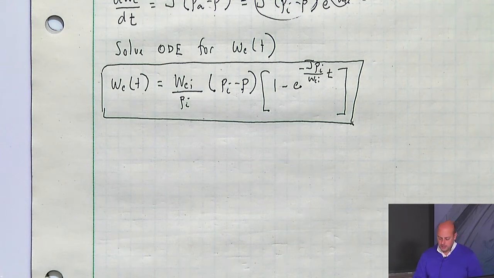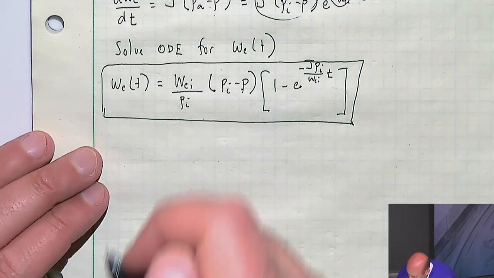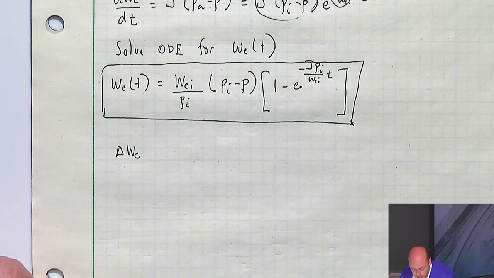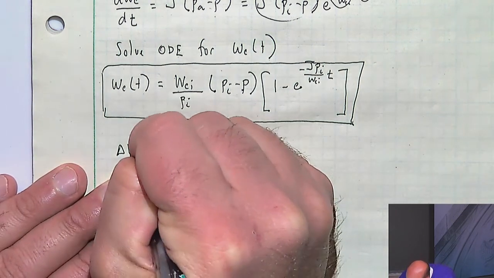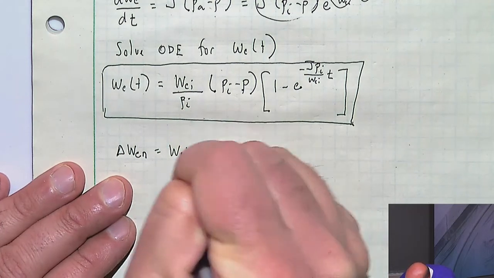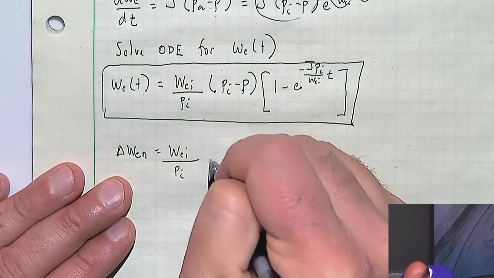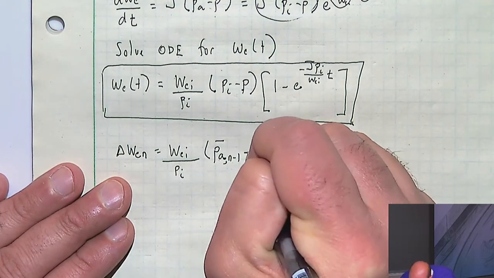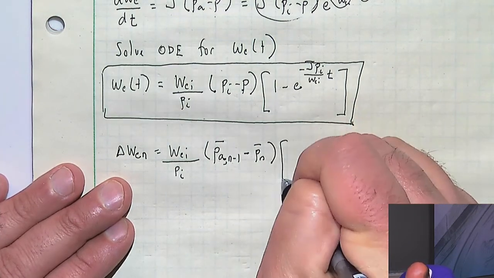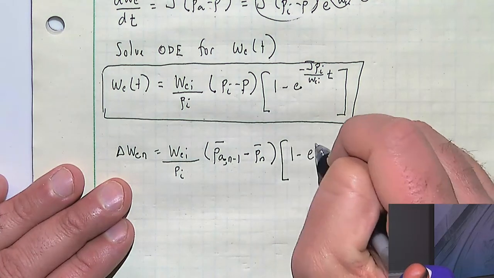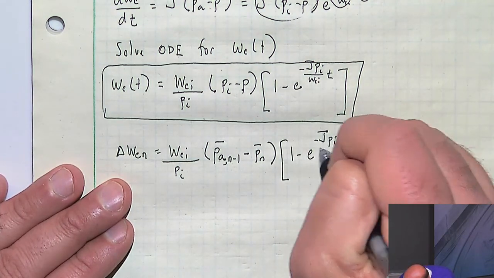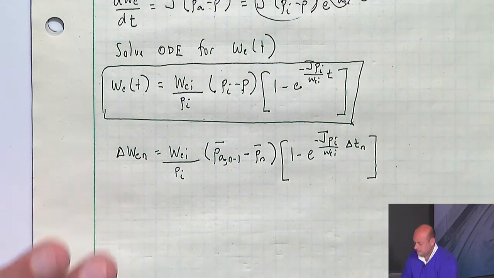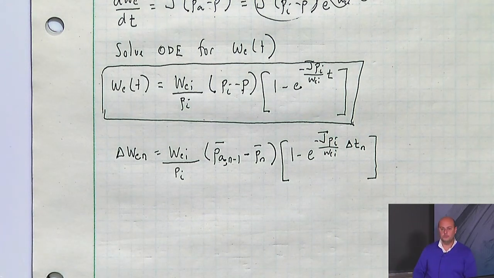So over a period of time, the change in We from the last time, so how much additional water was encroached, is going to be ΔWe_n equal to Wei over Pi, times (Pa_(n-1) bar minus Pn bar), times (1 minus e to the minus J Pi Wei ΔTn).